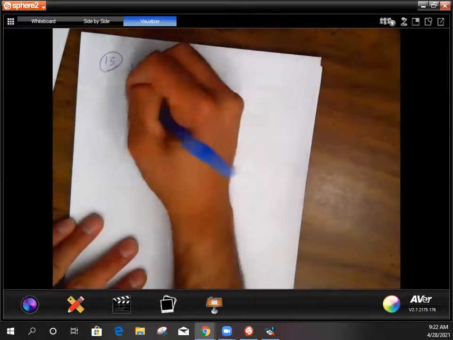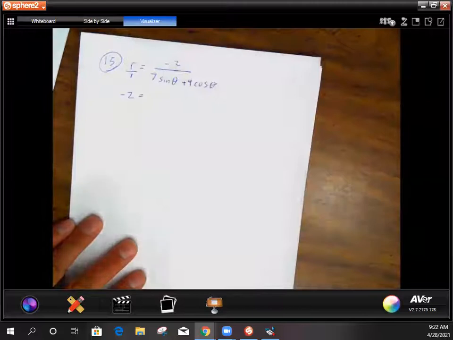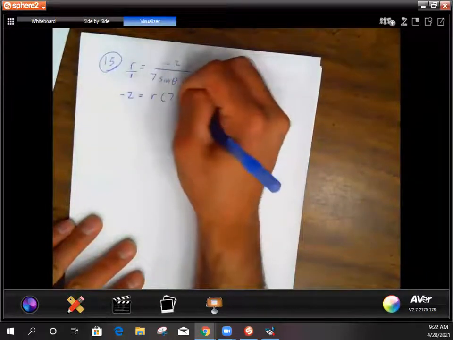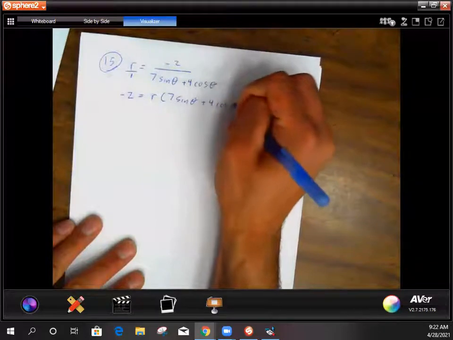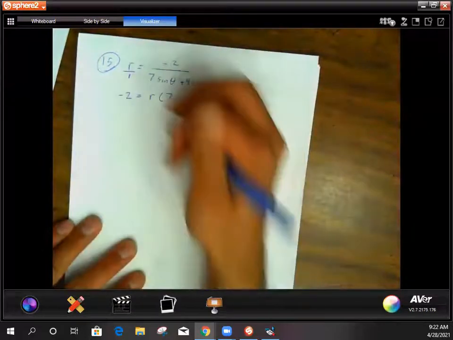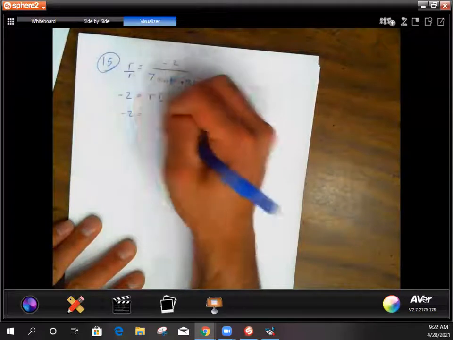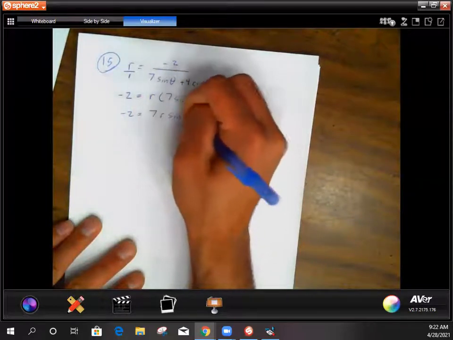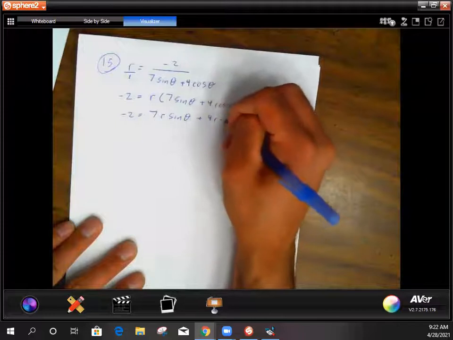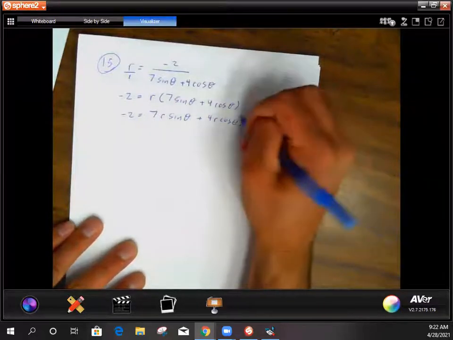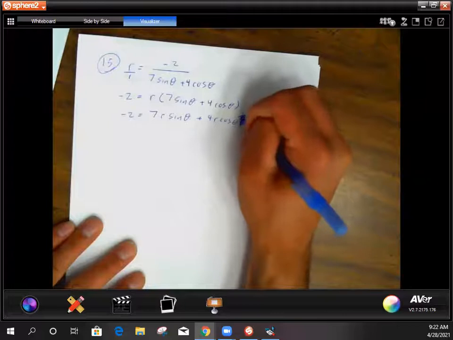So we get -2 is equal to r times (7 sine of theta plus 4 cosine of theta). And then we distribute. So I'm going to write this as 7r sine theta plus 4r cosine theta.